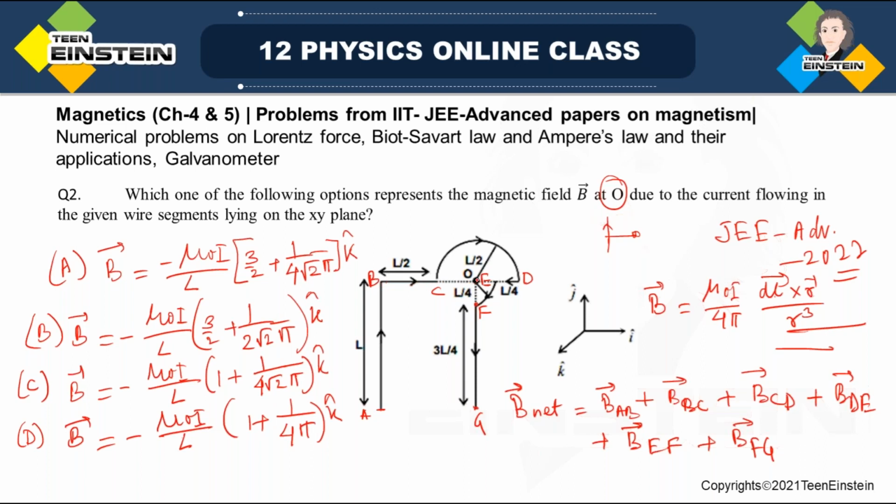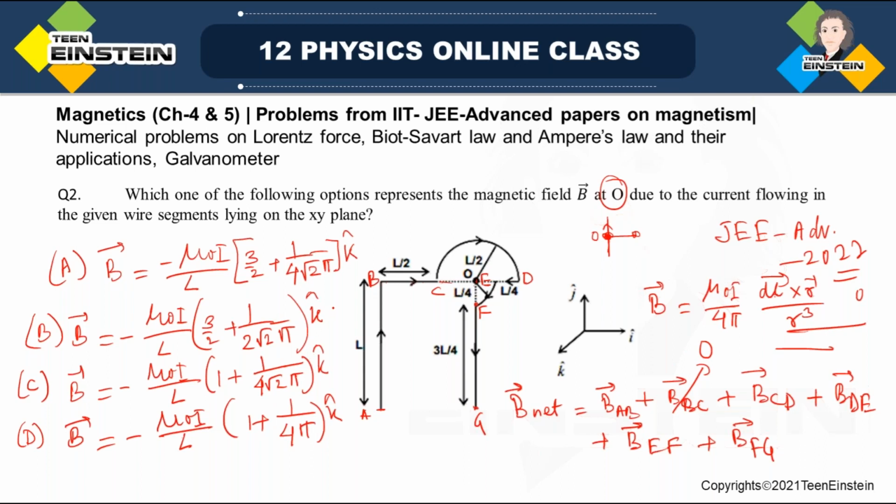I have to calculate the magnetic field over here at O. This distance is L by 2, and this point O is actually on the line itself. So the magnetic field on the wire will be 0. In other words, the angle between dl and r becomes 0. That's why the magnetic field due to BC will be 0.